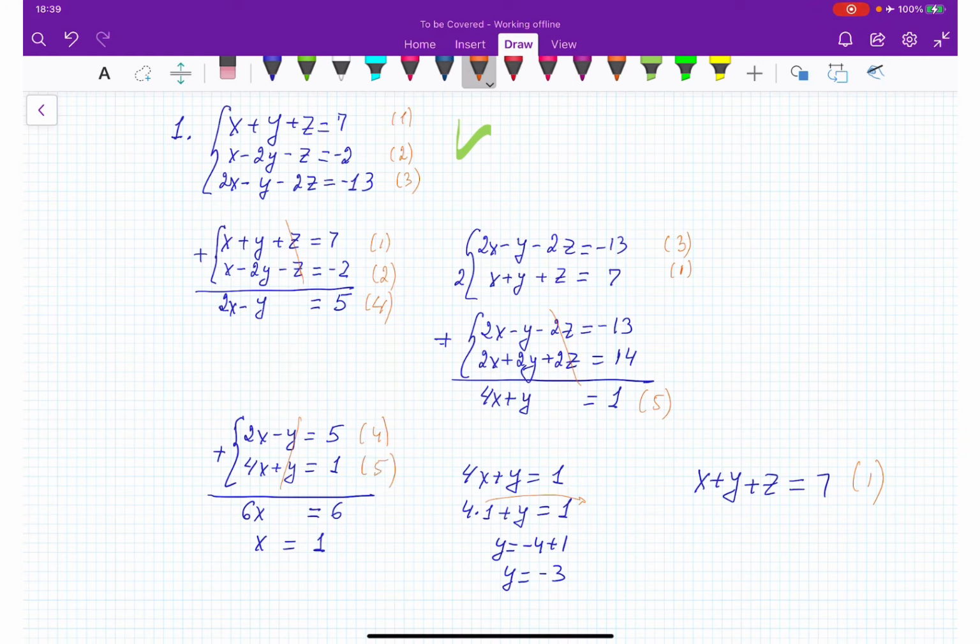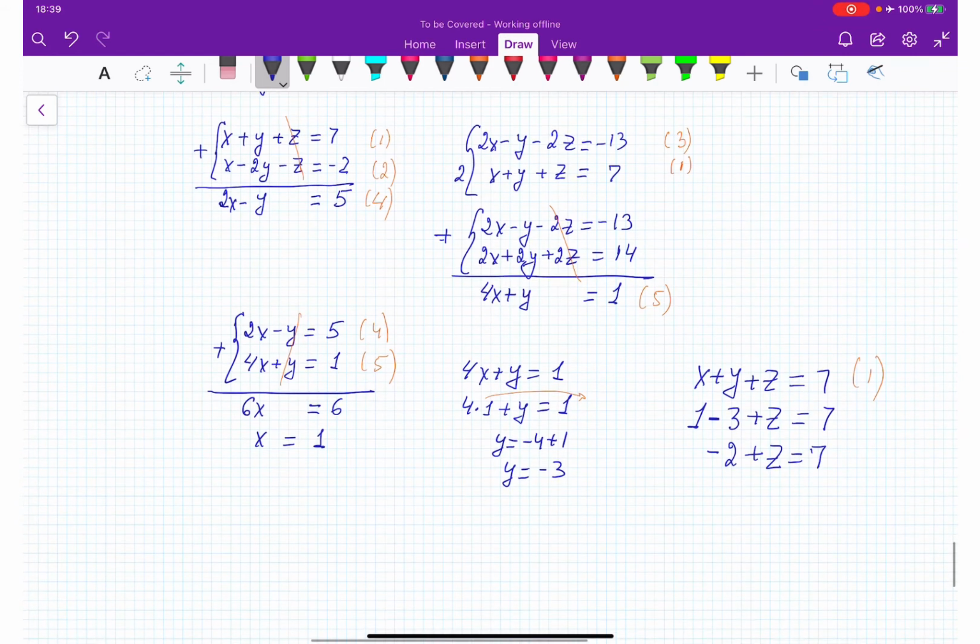So x is equal to 1, y is equal to negative 3, and then plus z is equal to 7. So 1 minus 3 is negative 2, plus z is equal to 7. Moving negative 2 over, it's going to be positive 2 plus 7.